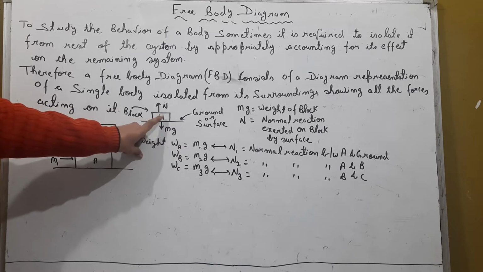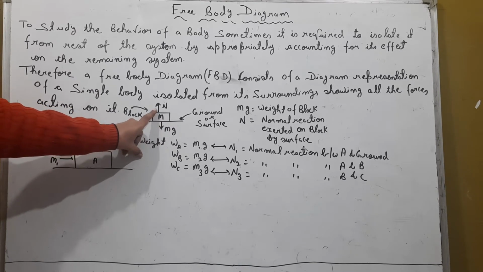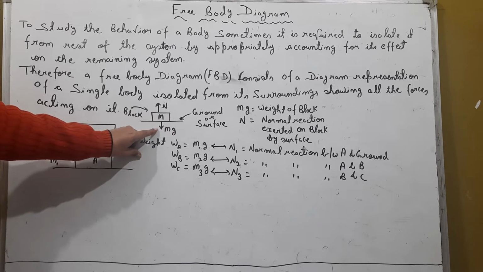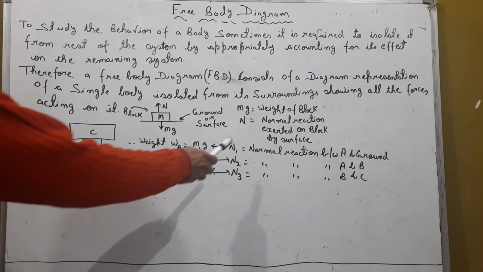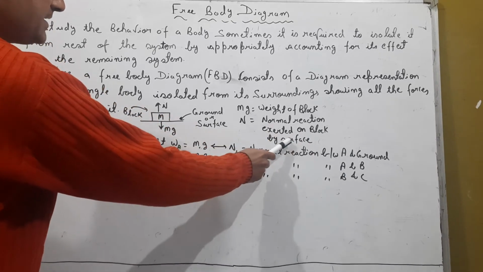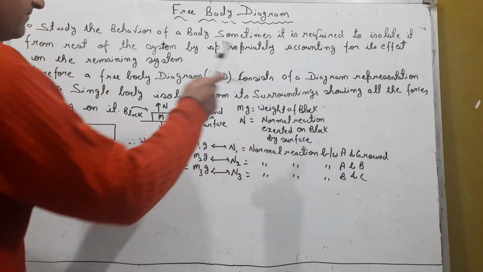So it is always upward. We can say that N is equal to mg if this block is at rest. So the normal reaction exerted on the block by the surface is N and mg is the weight of the block.